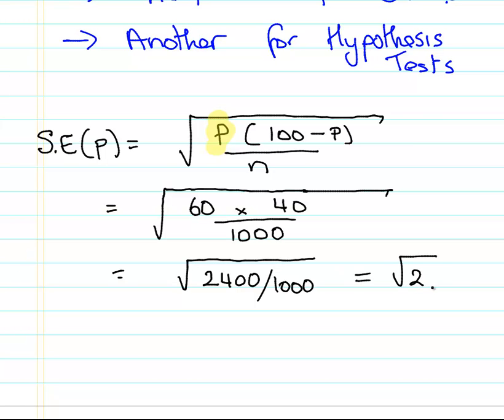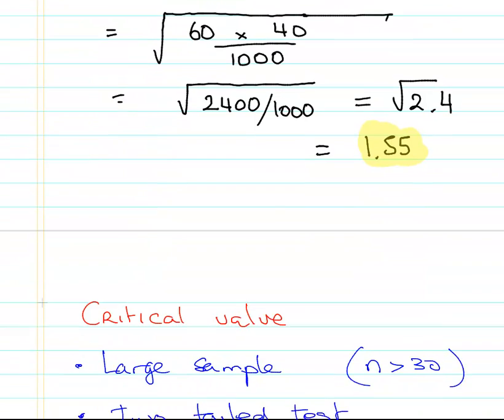It's the square root of 2.4. I'm just going to pause this a second because I forgot to calculate that. So, just a bit of calculator work. I'm just going to round it a bit, and I calculate the standard error to be 1.55.